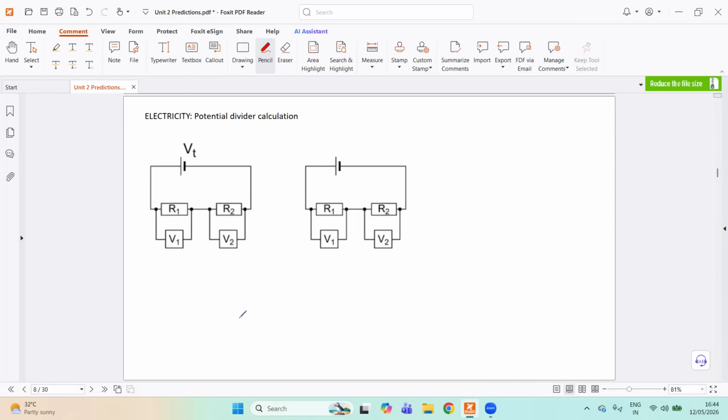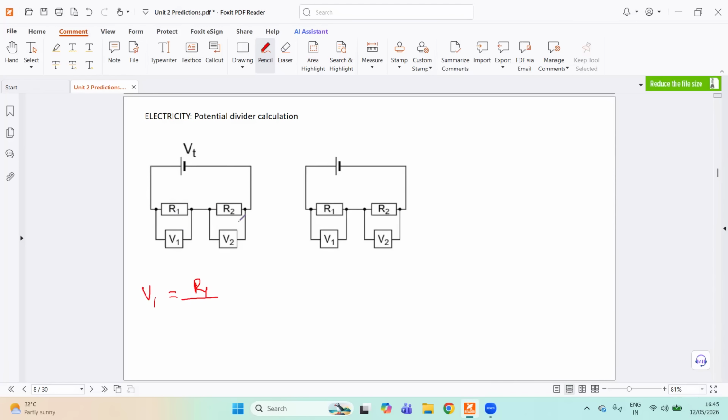Okay, so take a look at these two circuits. This is the concept of potential divider calculation. Which equation do you recall in which situation? Let's say for the left one, if I want to find out V1, you go with V1 corresponds to the resistance R1, and what proportion does R1 carry out of the total resistance?